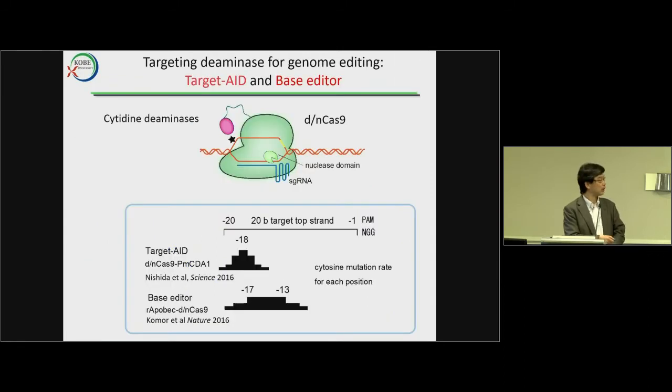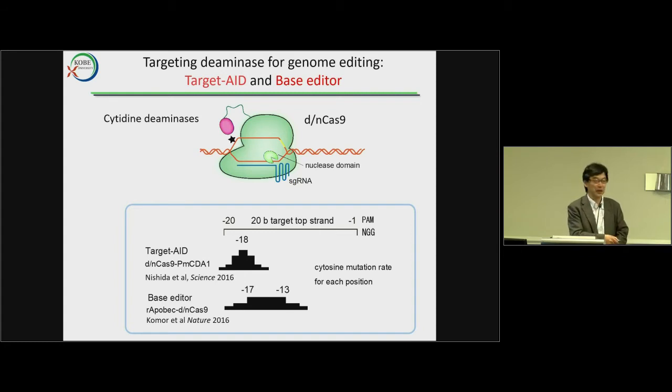At the same period, we published these papers. David Liu's team at Harvard University also published a very similar result. They are using the UpVec system, and we are using this Silampli system, and the mutation spectra are slightly different. That means that depending on the AID system, the deaminase mutation spectra vary. So you can adjust the mutation spectra by choosing the appropriate AID system.